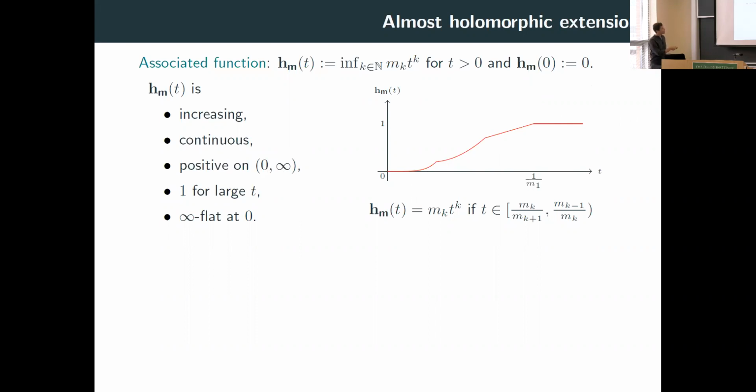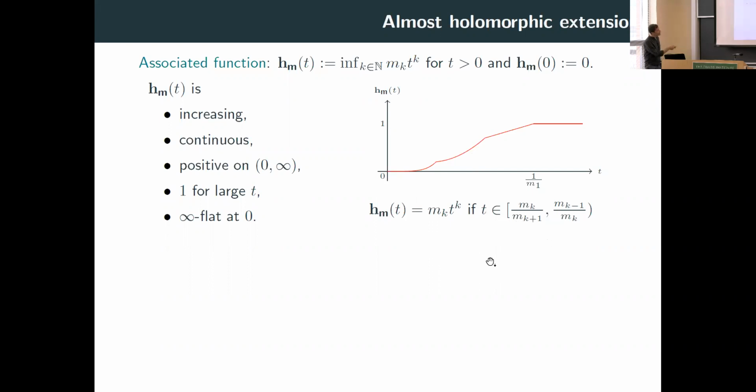Actually, it's not hard to see that you have the following expression for h_M. So h_M is given by this monomial if t lies between these two quotients, M_k over M_{k+1} and M_{k-1} over M_k.